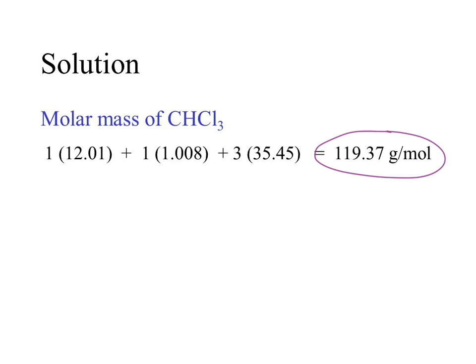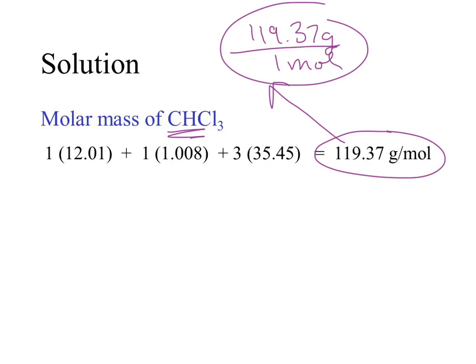So this is where, if I was working it and on my answer keys, a lot of times I will kind of unpack that, and I will write for this compound, there's 119.37 grams per 1 mole. I go ahead and unpack it, because to me that makes more sense. It's the same thing, right? So now our first term is going to be the grams we want to convert.